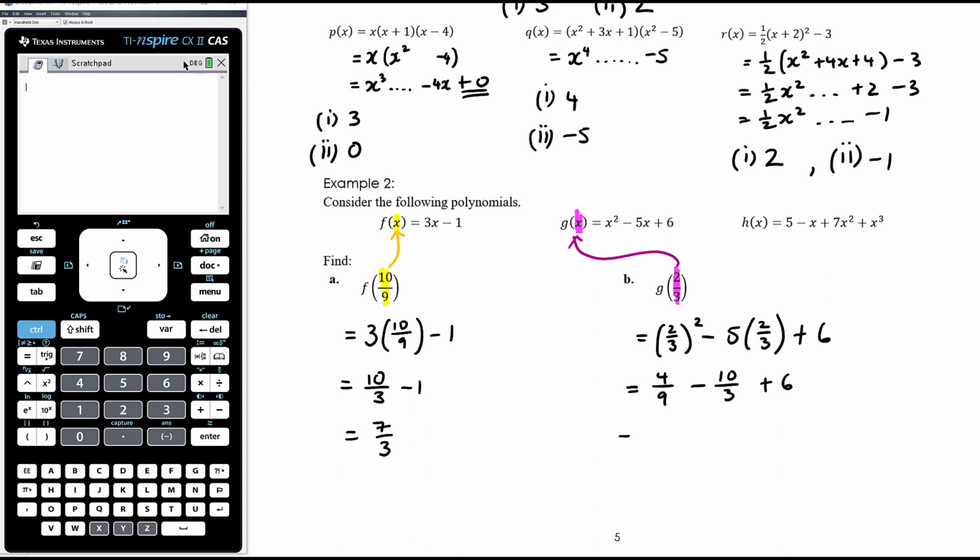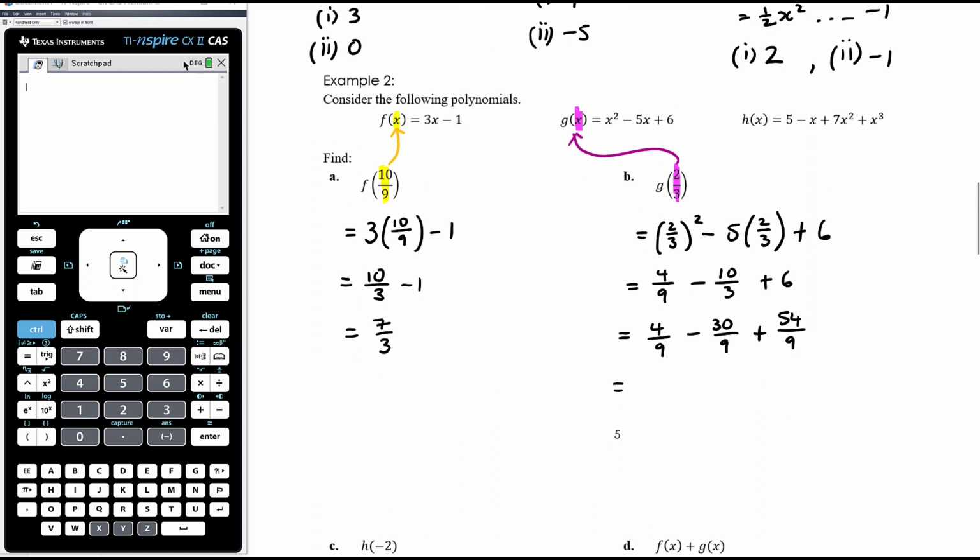We're going to need a common denominator to add those together. Common denominator is 9. So it's 4/9 minus 30/9 plus 54/9.